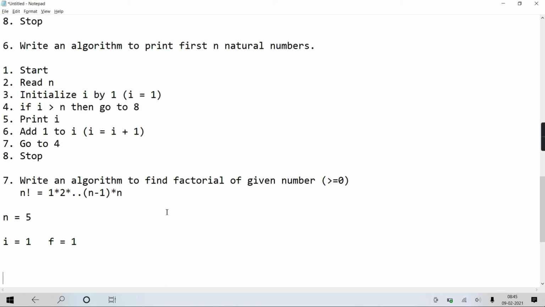Clear? So hope you're understanding the process. And this will go on till your I becomes greater than n. If your I has become greater than n, stop.